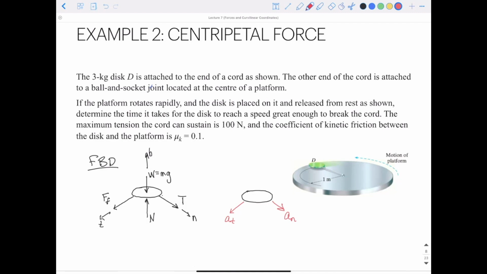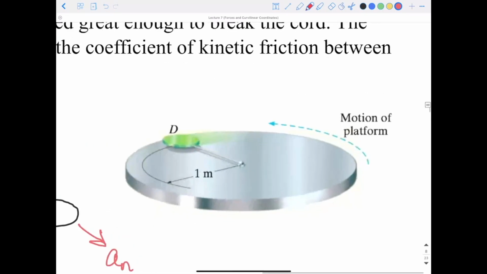Yeah, let's look at that a bit more. If we look at the disk image over here, when we release the disk from rest, the platform underneath is rotating in this direction.